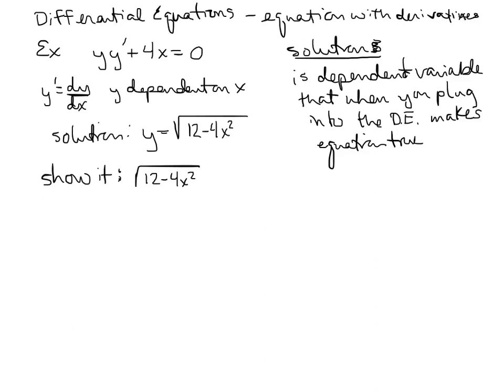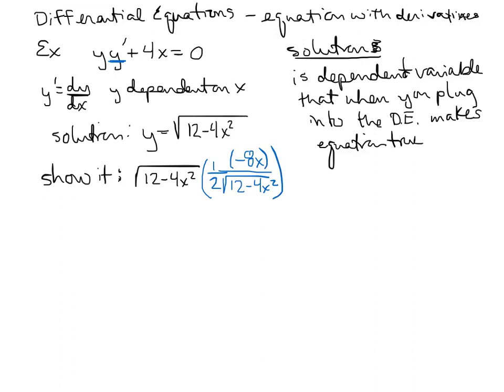Then for y prime, I've got to plug in the derivative. So that times y prime: 1/2 has to come down in front, and then the root of 12 minus 4x squared goes in the denominator. And then I have to multiply by the derivative of the inside part, so I'm going to multiply by negative 8x.